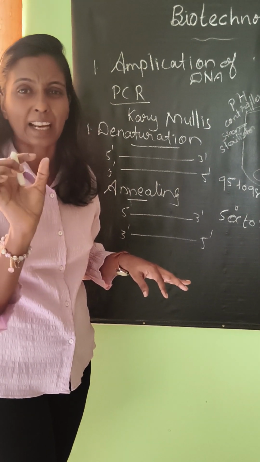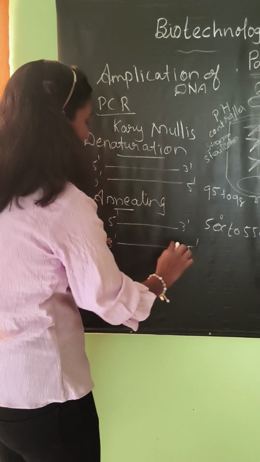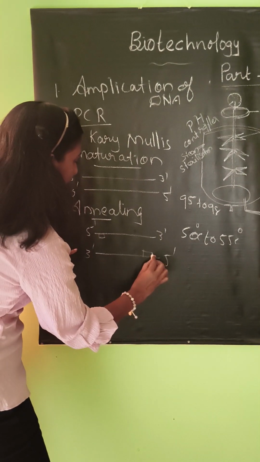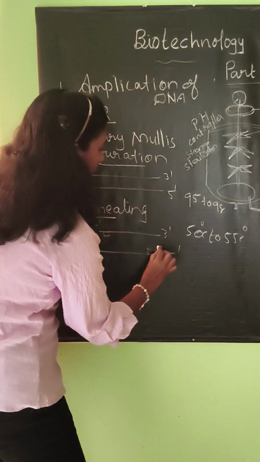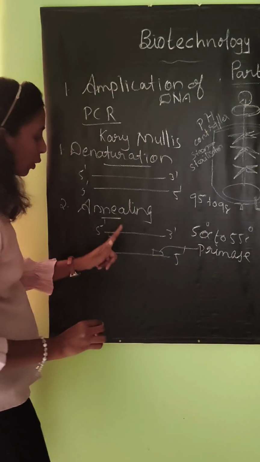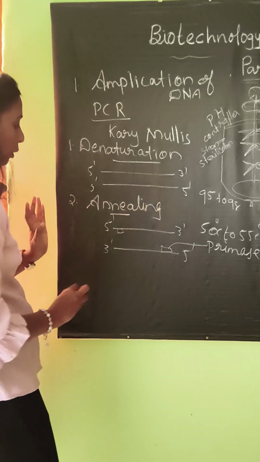A small strand here, and also a small strand here. That is called a primer. We have to join it to these two strands. That process is called annealing.